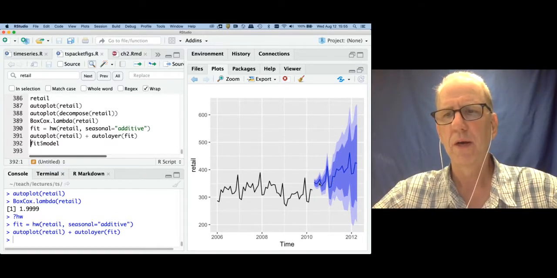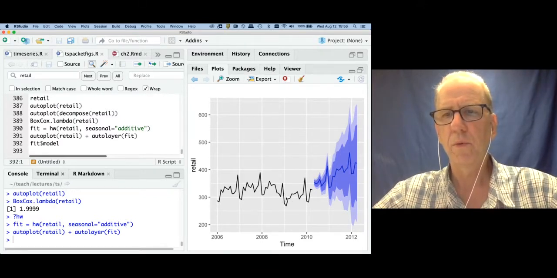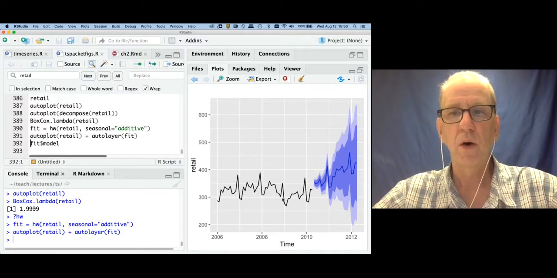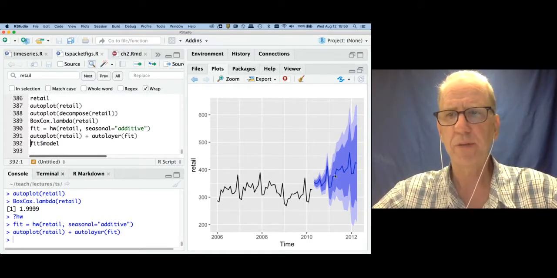And so we've, I think, done a pretty good job of capturing the seasonal effect. So it looks like every December is going to be great into the future. Moreover, we've captured the trend. So after the financial crisis hit, we see a new trend where things are getting better after that sharp drop. And so Holt Winters has adjusted very nicely to capture that.